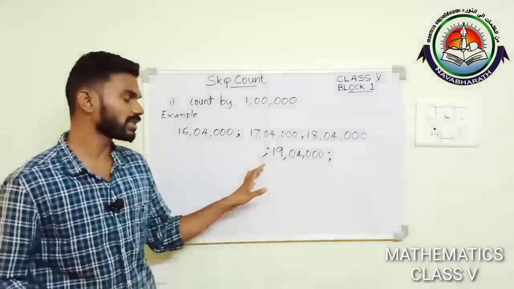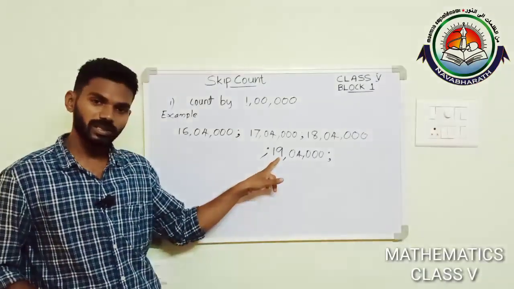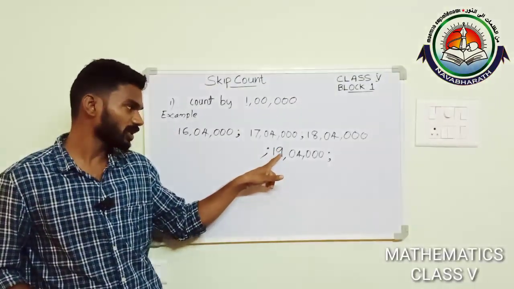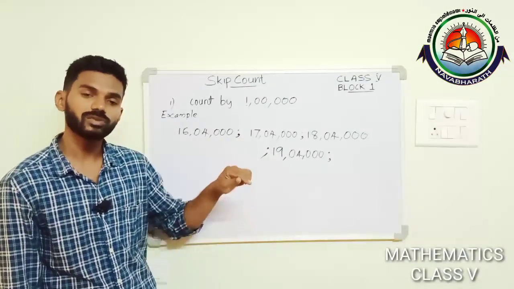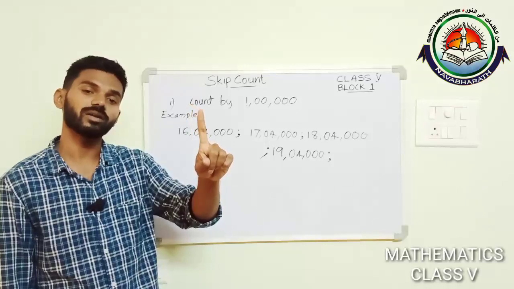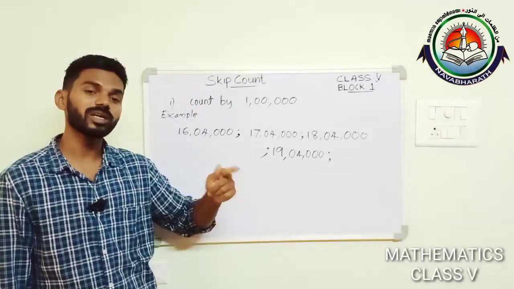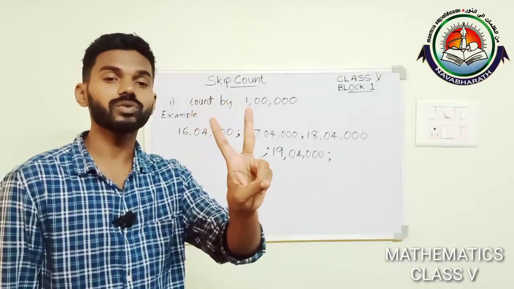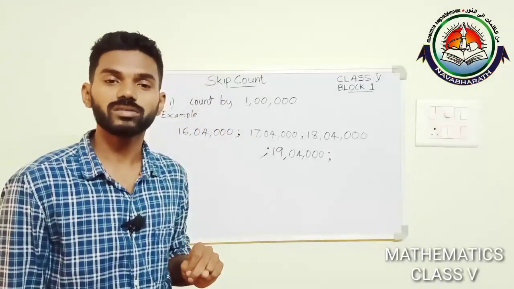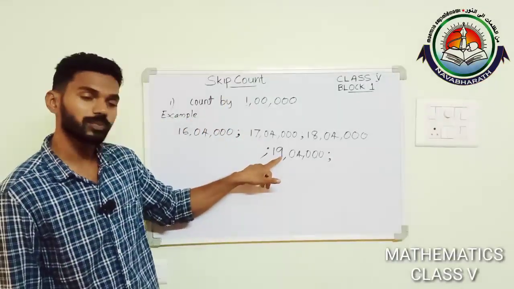So on considering the next, here at the lakhs place there is 9 which has to be increased by 1. 9 increased by 1 becomes 10. 10 is a 2-digit number. We have only one place.